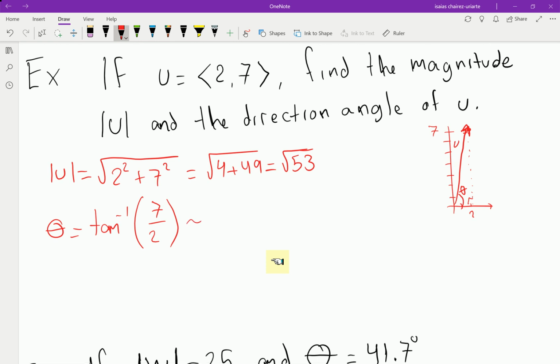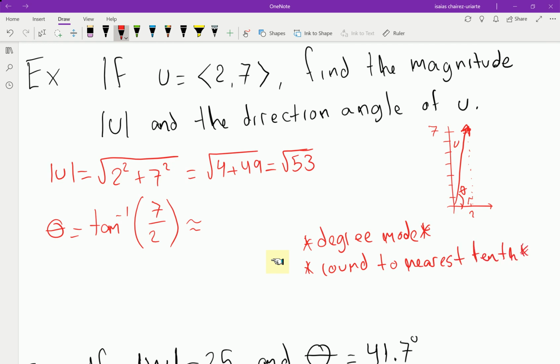If I punch that into my calculator, and let's agree for the rest of this section to have the calculator in degree mode and round to the nearest tenth, making sure that it's in degree mode, I get 74.1. So that's the direction angle of my vector.